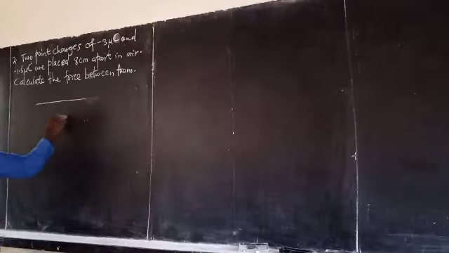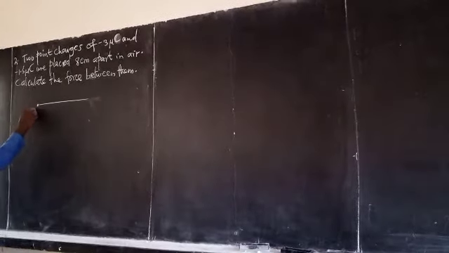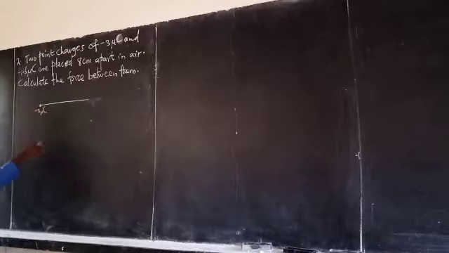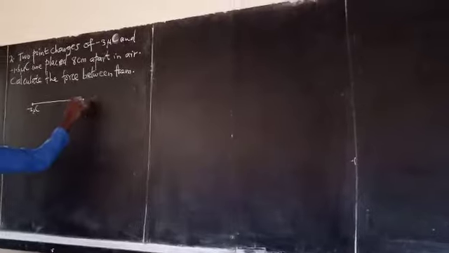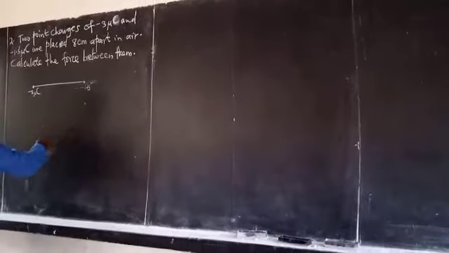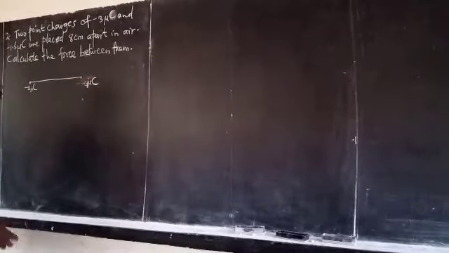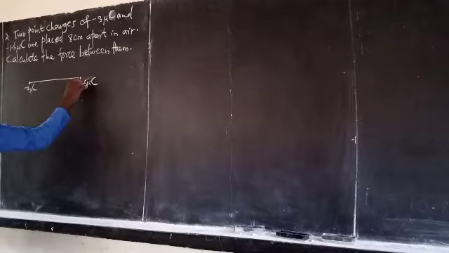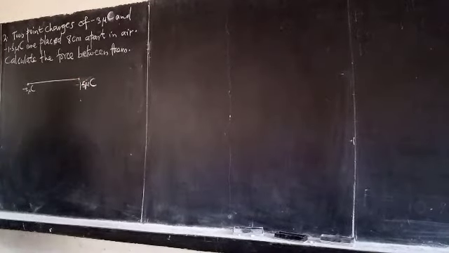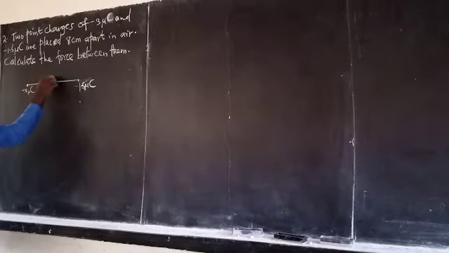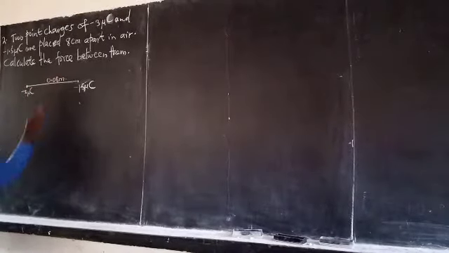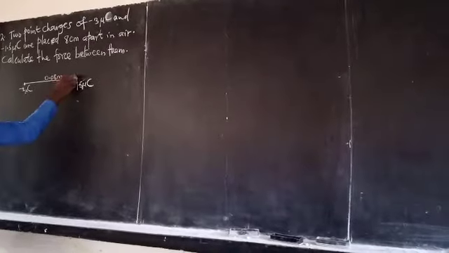If I would also sketch, this is -3 microcoulombs, and this is -1.5 microcoulombs. And the separation is 8 centimeters, which I can actually call 0.08 meters. We know why.